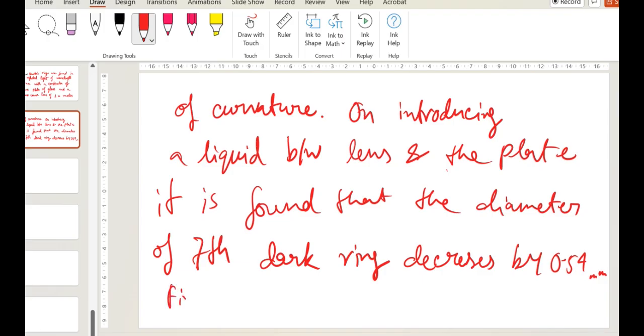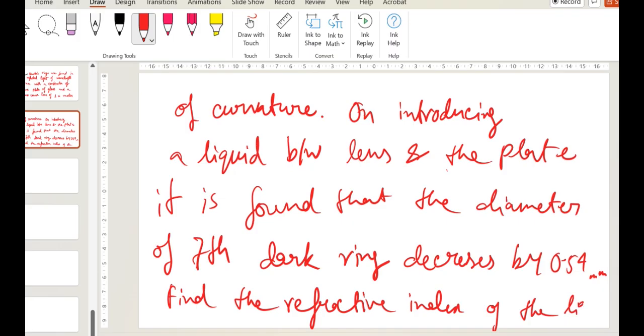Find the refractive index of the liquid.